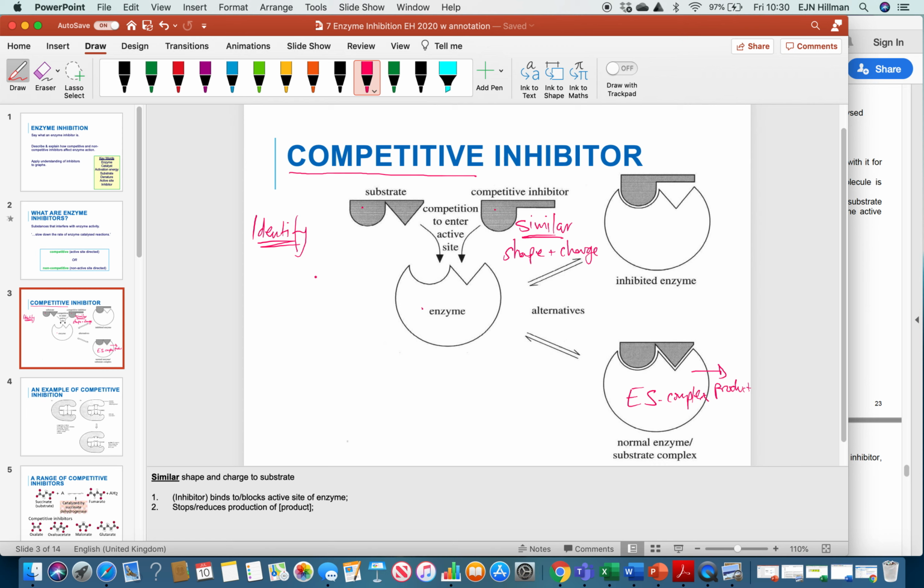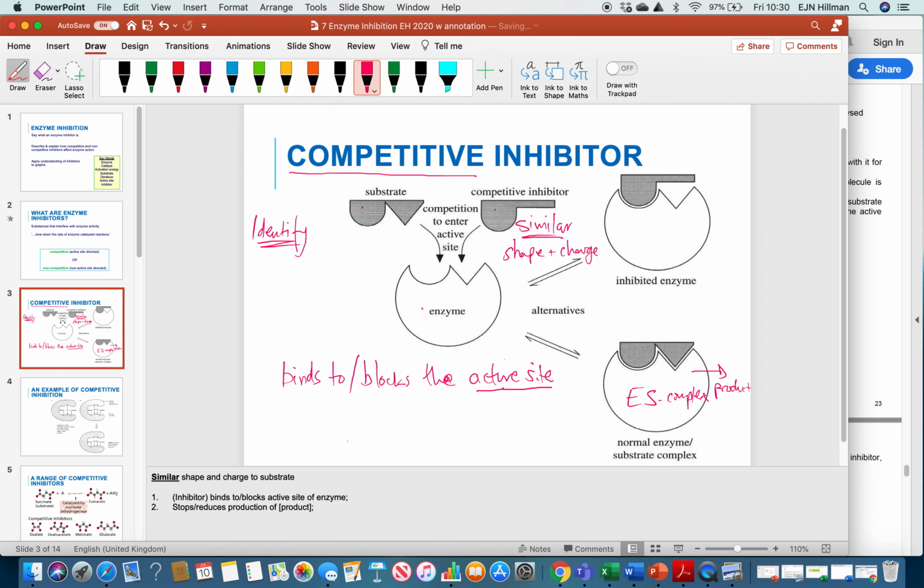Okay, so in most cases, a question about competitive inhibitors can be answered by saying that the inhibitor binds to or blocks the active site, and I'm emphasizing active site here rather than enzyme.